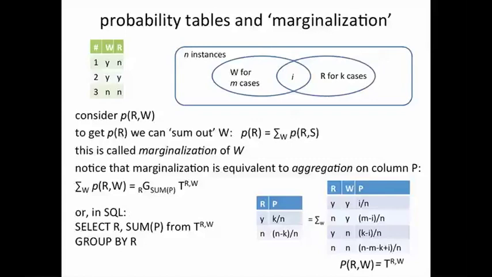Only keep distinct rows where there are distinct values of R. In the language of relational algebra, this is written as follows. We have an aggregation operation, which is a sum grouping by R on the table R, W.